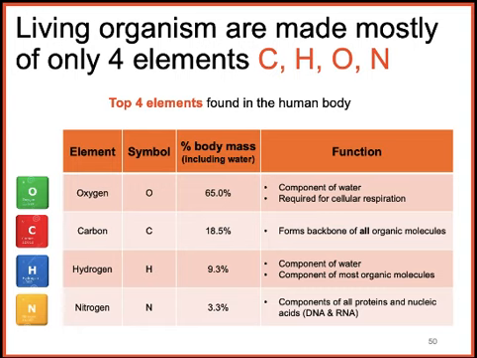Now, carbon forms the backbone of all organic molecules, so that's very important, and it's at about 19%. Hydrogen is a component of water, so it's super important. It's only 9.3%, but think of it, this is not a very heavy atom, so that's why it might not be much of your percent body mass.